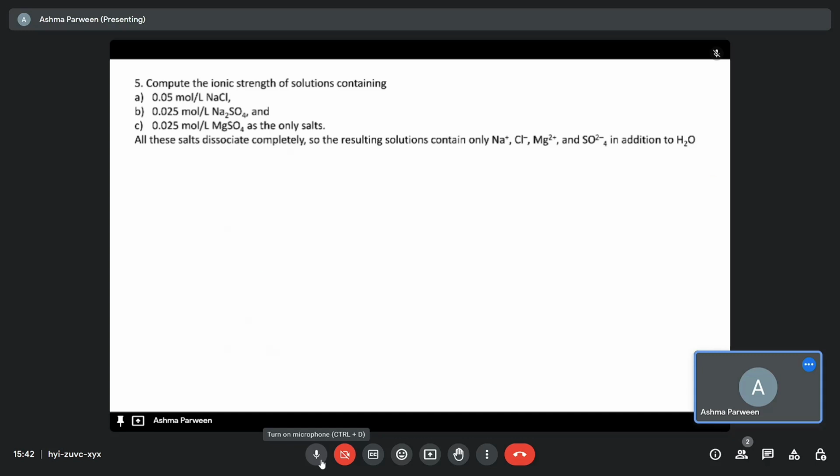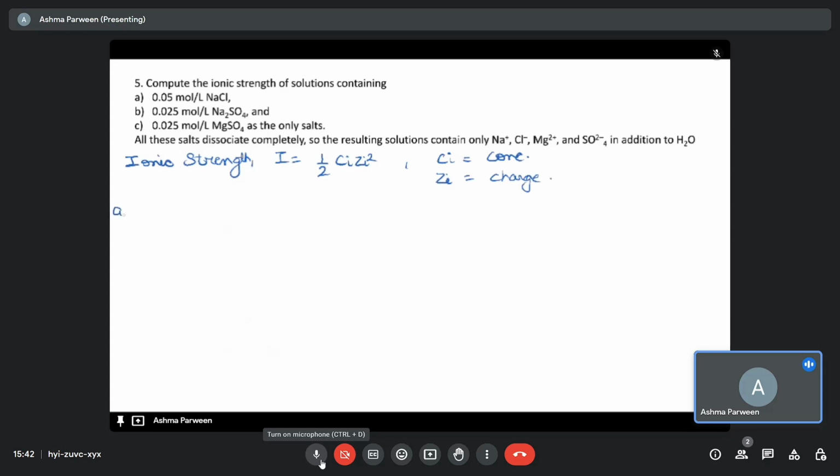So we know that ionic strength is given as half Ci into Zi square, where Ci is the concentration and Zi is the charge of the cation or anion.